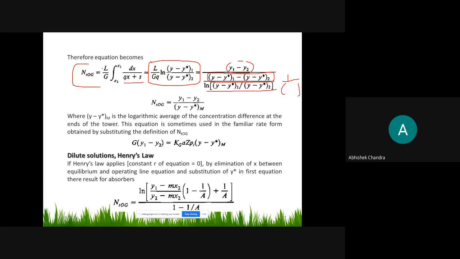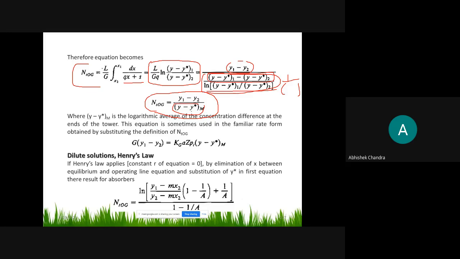So you get this, and this term is represented as the logarithmic mean, and in the numerator y1 minus y2 is present. So this is NTOG. In the dilute solution case, NTOG you can write as y1 minus y2 upon the logarithmic mean of this.